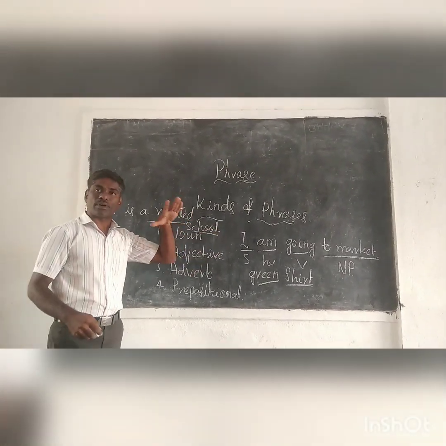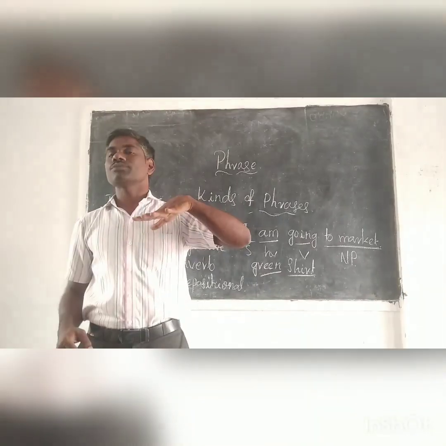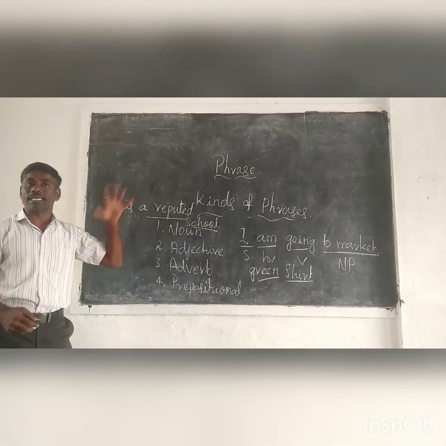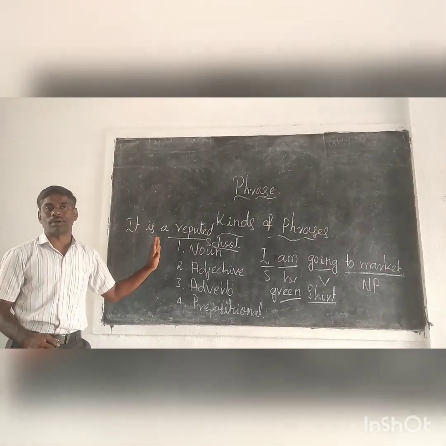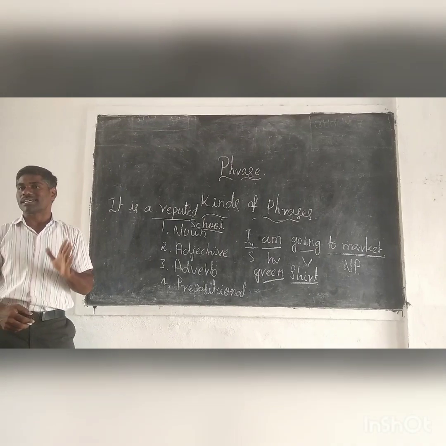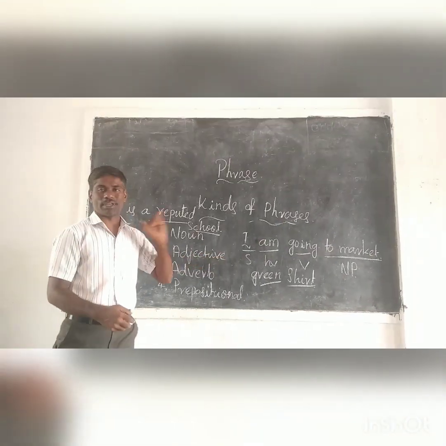What qualifies the noun? Those groups of words occurring together, except subject and verb, the remaining part of the sentence is called an adjective phrase.